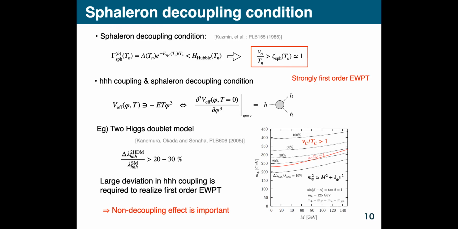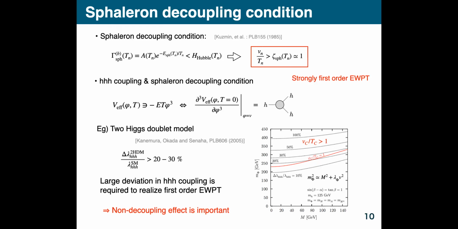If this condition is satisfied, electroweak baryogenesis might be able to be realized. In particular, we call a first order electroweak phase transition satisfying this condition a strongly first order electroweak phase transition. This is the definition of the strongly first order electroweak phase transition.